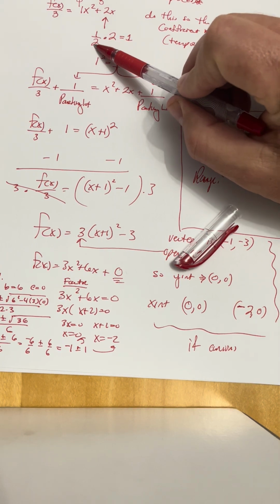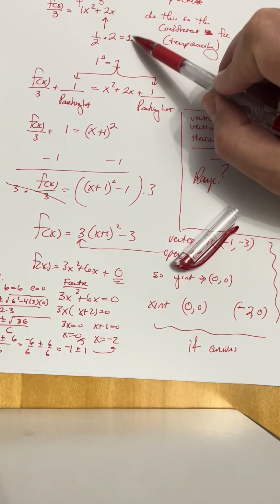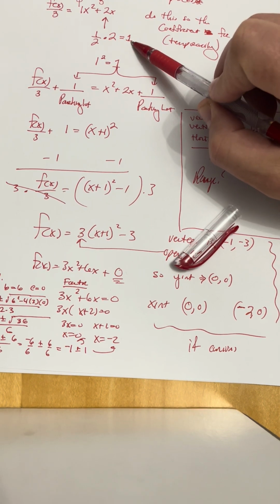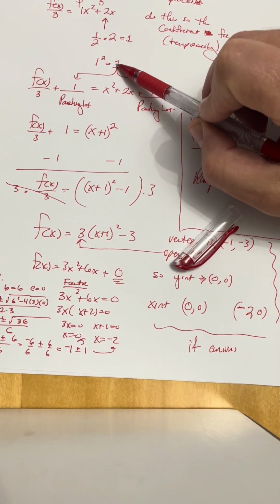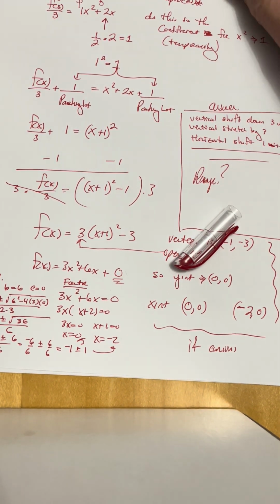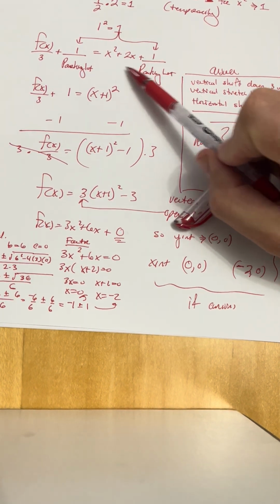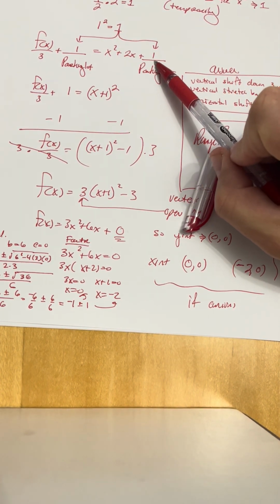If I take 1/2 of 2, which is just the process, I take half of that number and I get 1. And I take this number, whatever it is, and I square it. I put it in each one of the parking lots. Now, this piece right here is a perfect square trinomial.